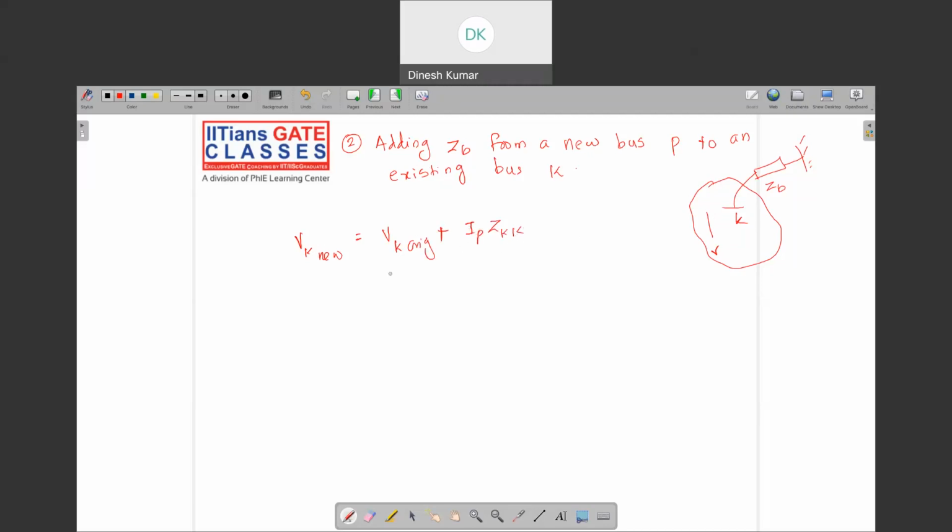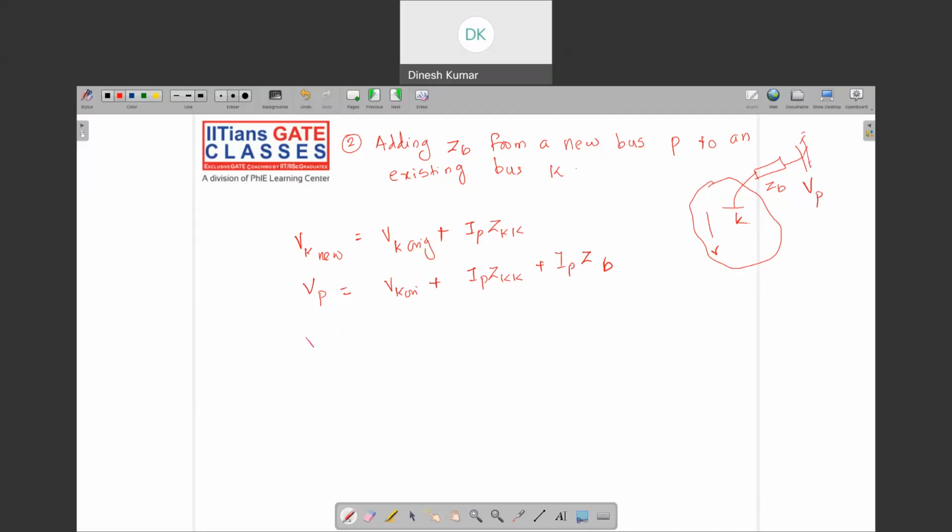This is basically KVL. So we can write Vp equal to Vk original plus Ip into Zkk plus Ip into ZB, because the voltage Vp here will be this plus this, right? That is what I have written here.